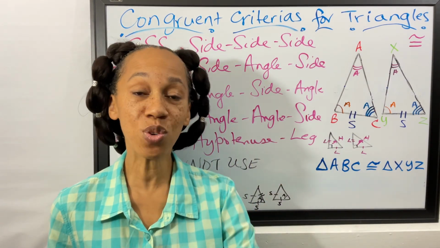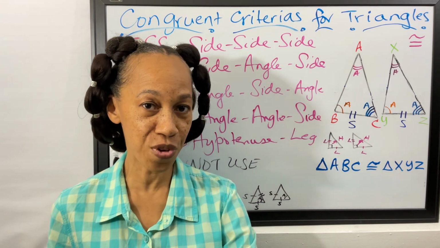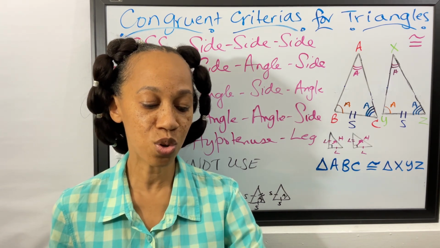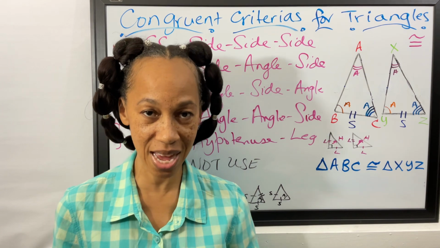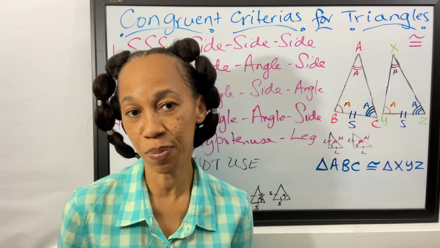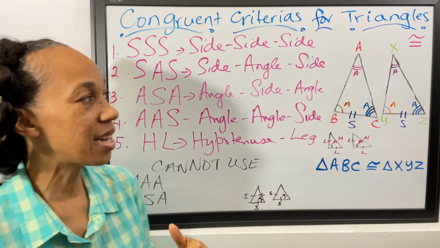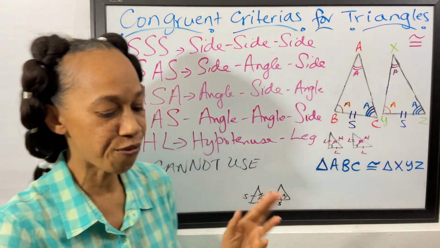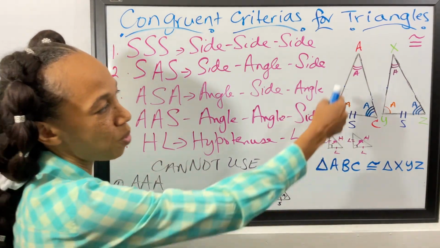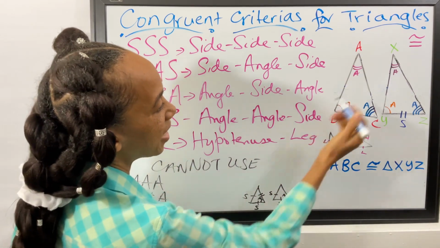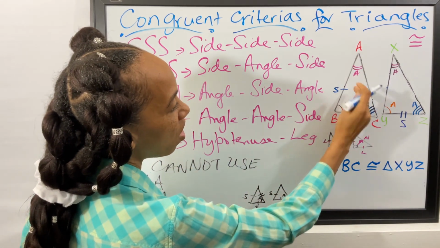Okay, I will do separate videos on those for you, and I will also talk about CPCTC, which is really corresponding parts of congruent triangles that are congruent. And that comes from when we spoke about if we had an ASA situation going on.